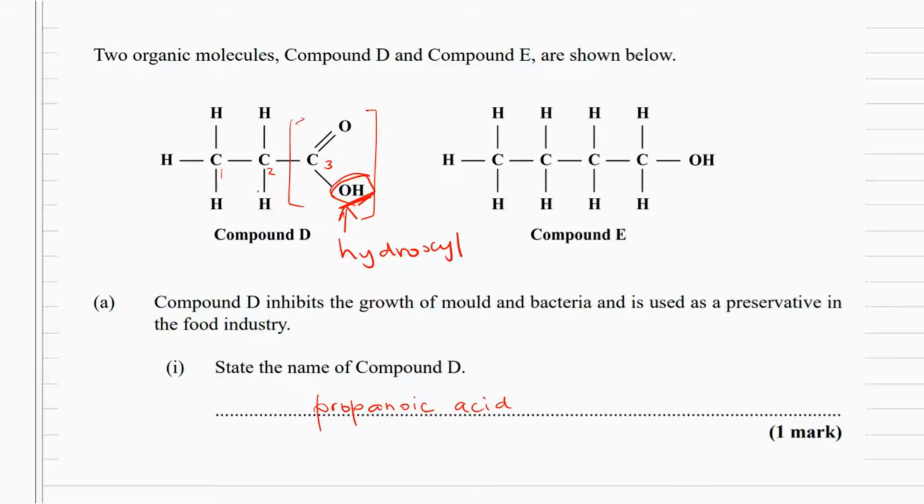But as the number of carbon atoms increases, the solubility decreases. So methanoic acid, ethanoic acid, propanoic acid are all soluble in water. But as you increase the number of carbon atoms, with butanoic acid, pentanoic acid, hexanoic acid, the solubility decreases. They're not so soluble in water.